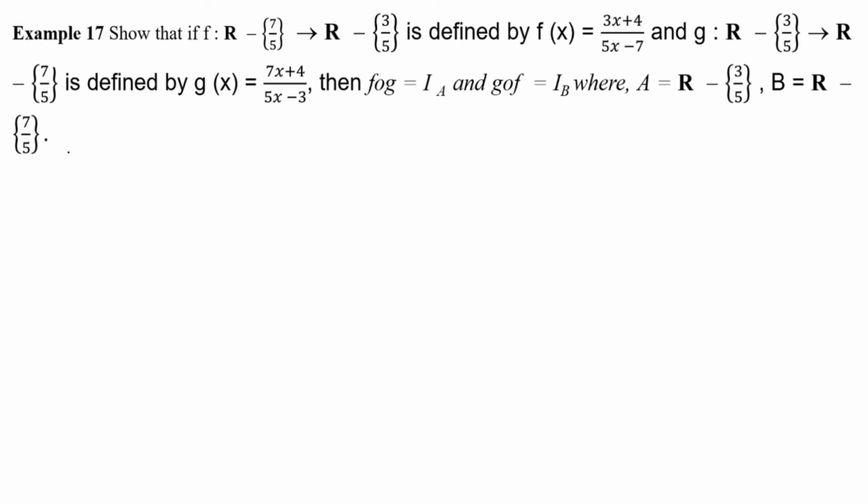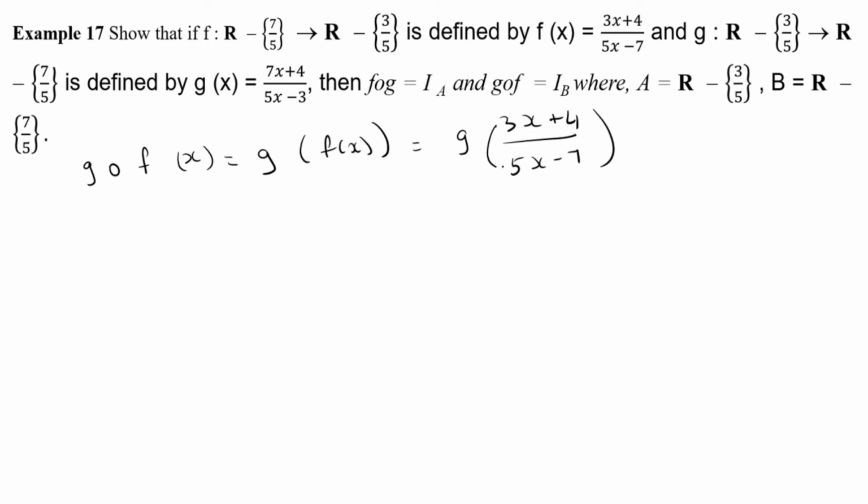So now, first we will take g of f. So g of f of x is equal to g of f of x, which is given as 3x plus 4 divided by 5x minus 7. It is given g of x is 7x plus 4 by 5x minus 3.